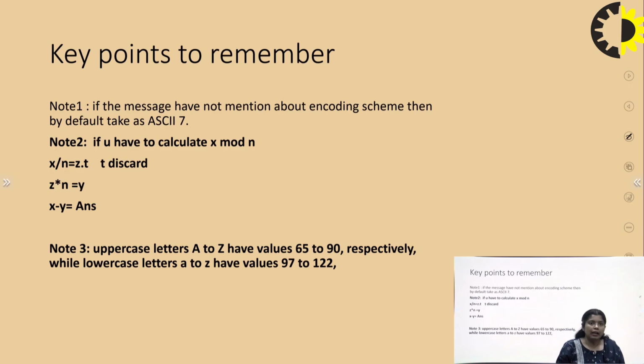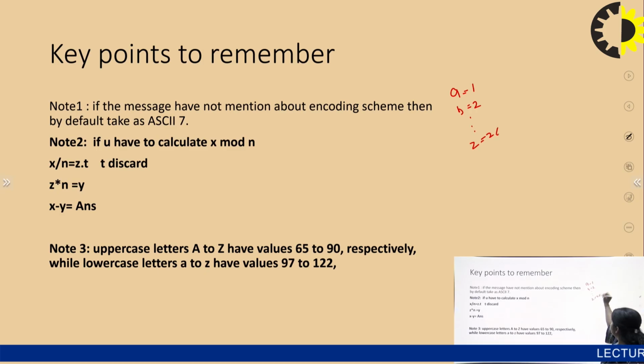Fine. Now, if the message is in alphabets, like hi, hello, welcome, whatever the message is, and the question does not specify values, and if it is written that A equal to 1, B equal to 2, and Z equal to 26, then you can calculate the value like this.